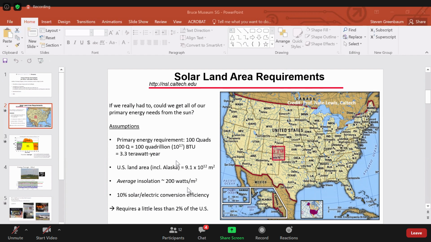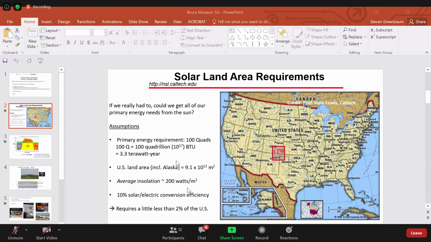That's averaged over the geography of the United States, and over day and night, and over the seasons. It's an average value over the continental United States, I guess including Alaska as well.